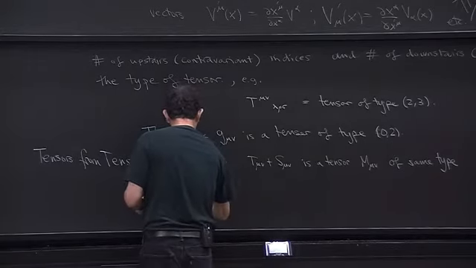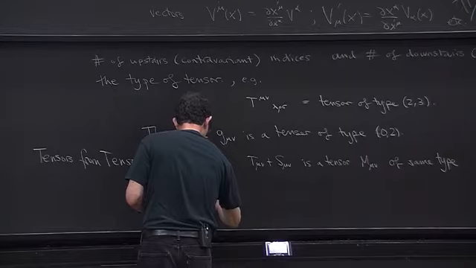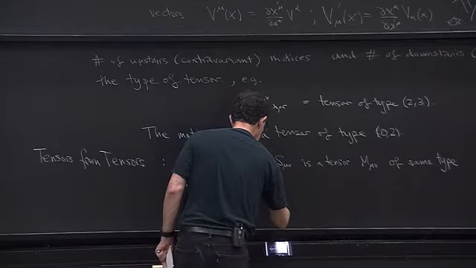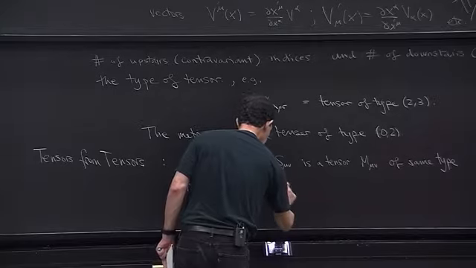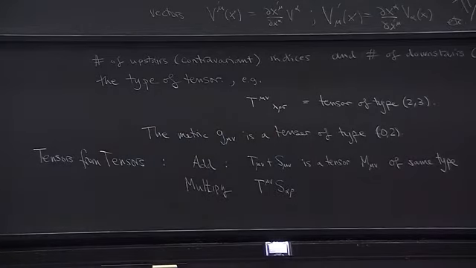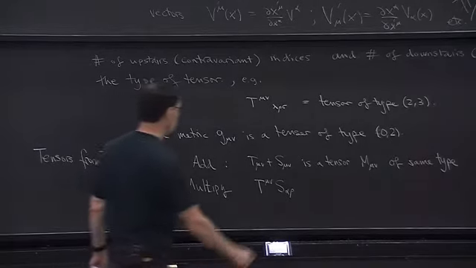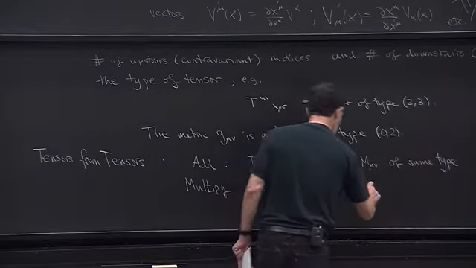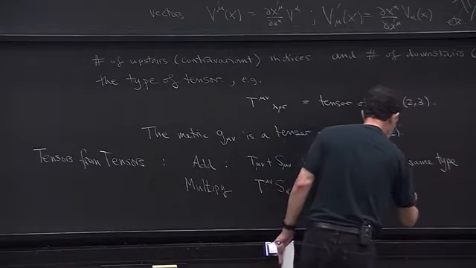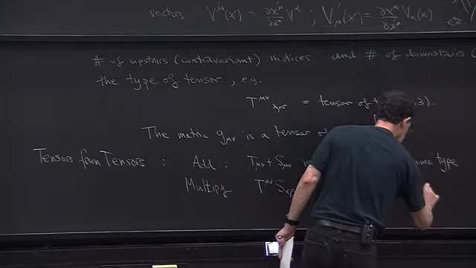You can multiply them. I can calculate, for example, T mu nu S alpha rho. That's a perfectly good tensor, a tensor M mu nu alpha rho of type 2, 2.